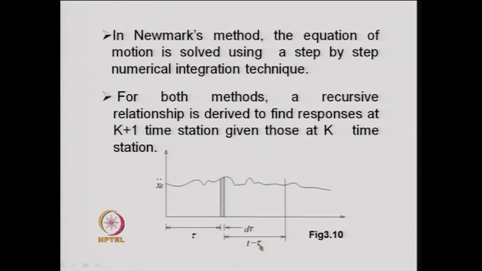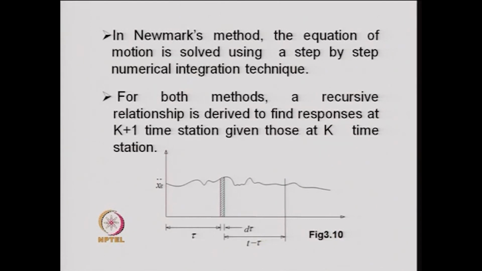Then the elapsed time is t minus tau, that is, when the impulse is produced over here, we see its effect after a time of t minus tau. That is what we call the elapsed time of t minus tau.